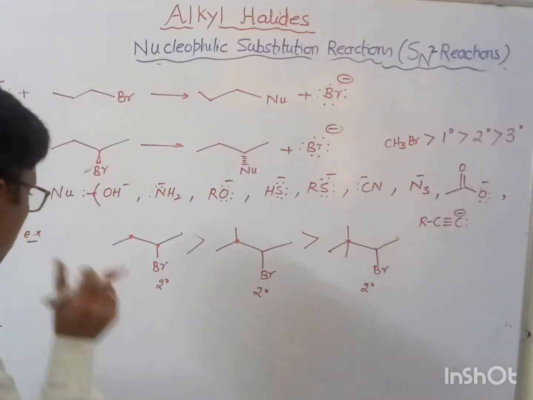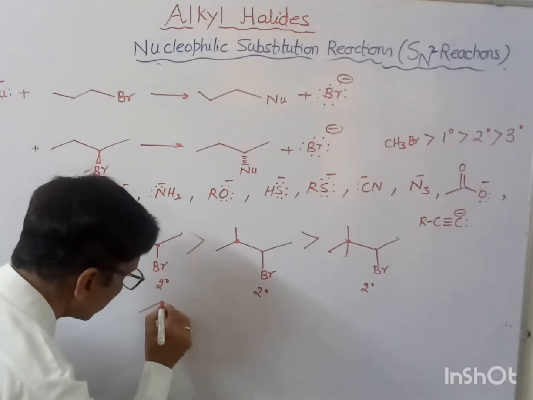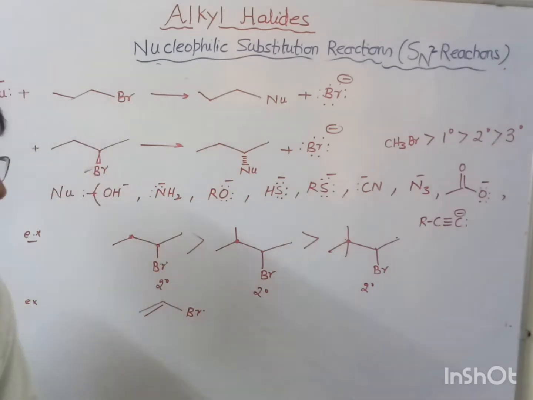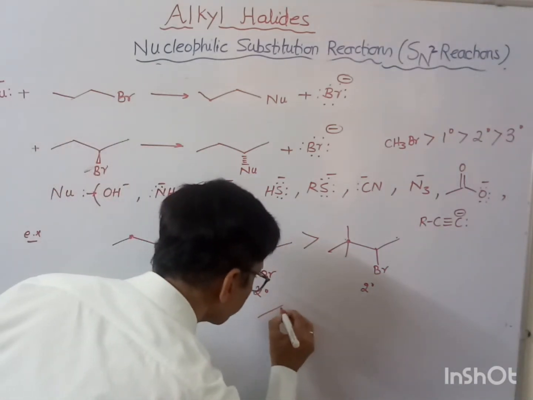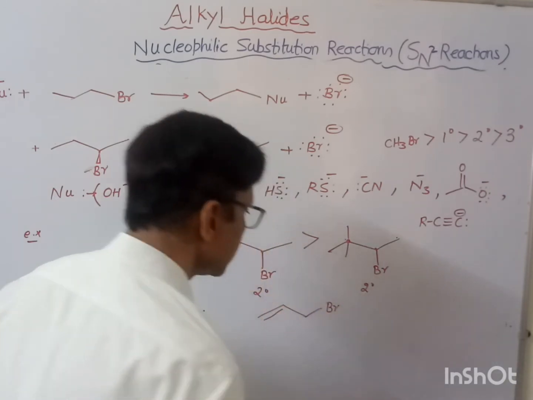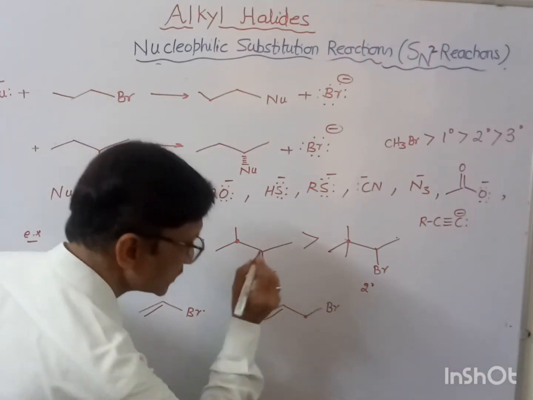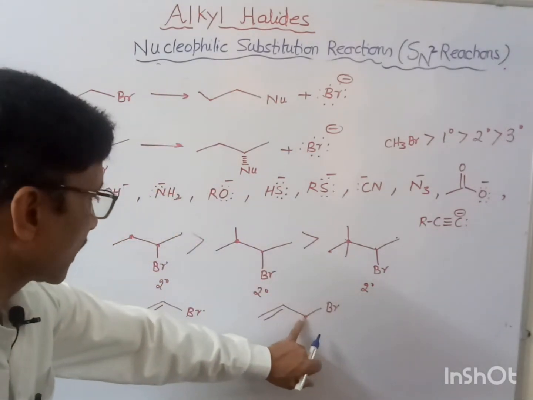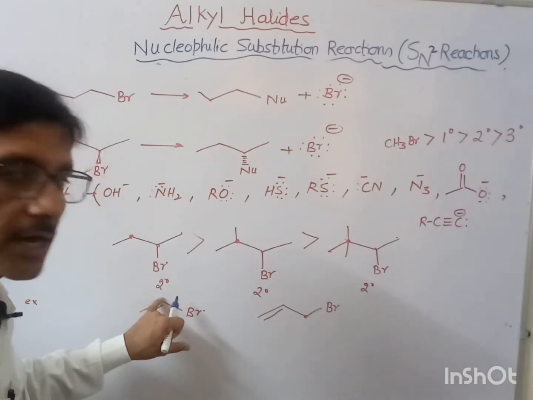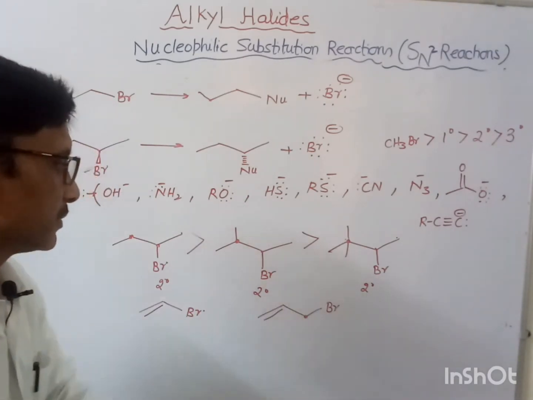In the same way, suppose I take another example. Suppose this is vinyl bromide, and this is allyl halide. So this is an allyl halide, this is the allylic carbon, and this is the vinylic carbon. So bromine is present at the vinylic carbon. Here the bromine is present over the allylic carbon center.